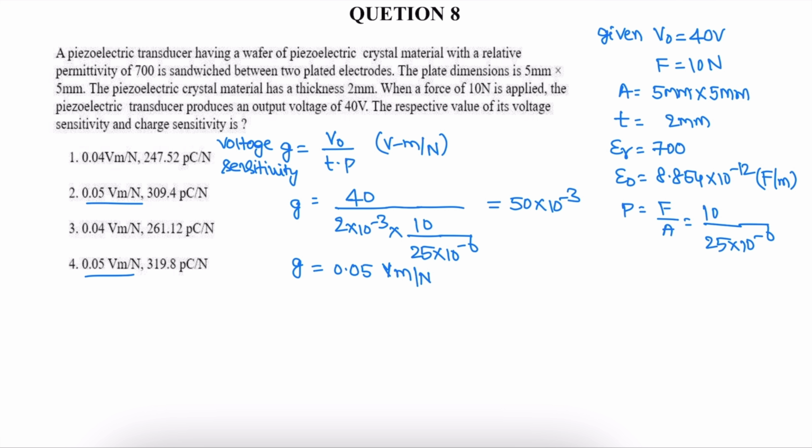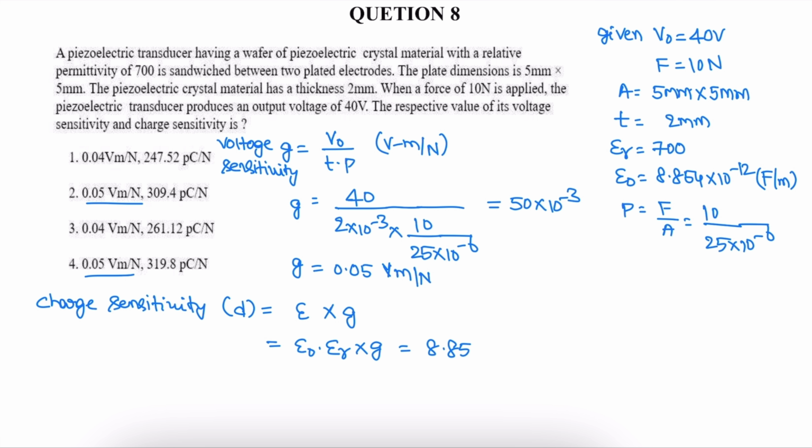Next is charge sensitivity. Charge sensitivity D is equal to permittivity into voltage sensitivity G, so epsilon naught epsilon r into G. Epsilon naught is 8.854 into 10 power minus 12.